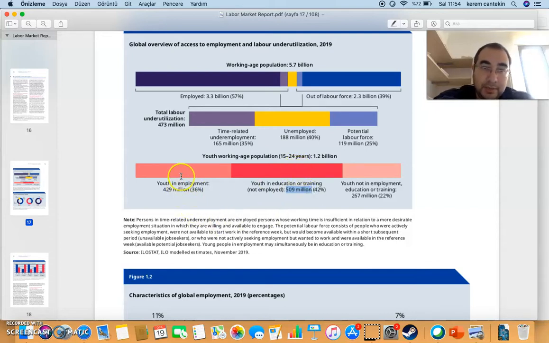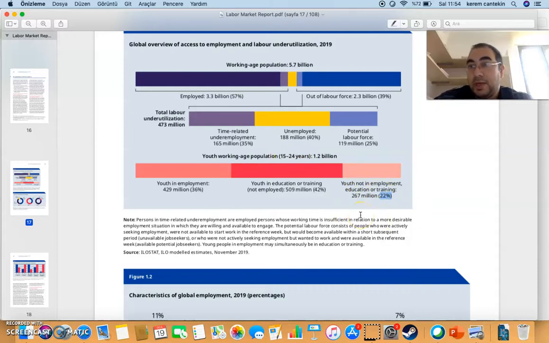In that case, you might be counted in this group at the same time. That's 36%. And youth not in employment, education, and training, that's 22%. So 22% of the young people are doing nothing, basically, between the ages of 15 and 24.